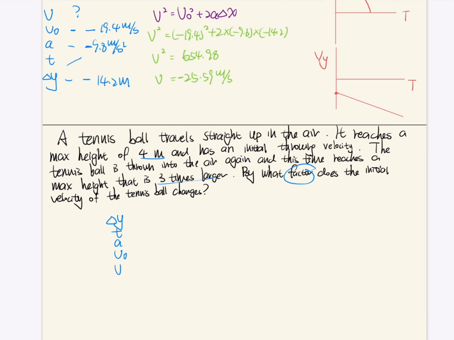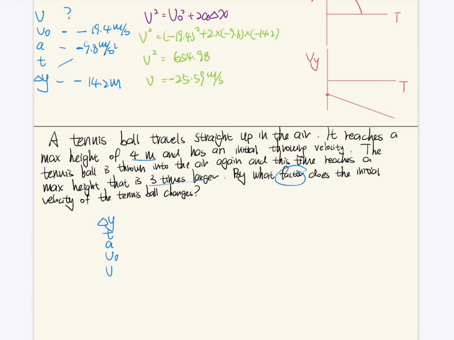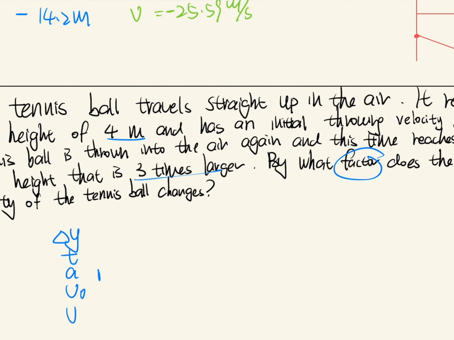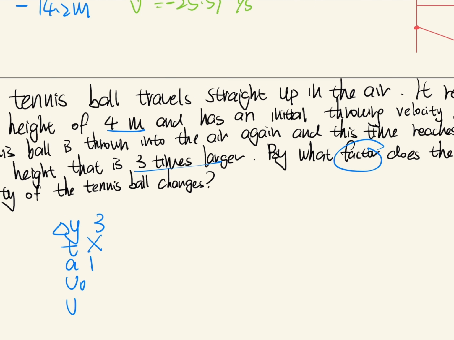So the factor doesn't change. The factor is always 1 for acceleration, right? And the max height is 3 times larger. So the factor for the max height or the displacement is 3. We don't have any information about the time, so we can cross out the time.